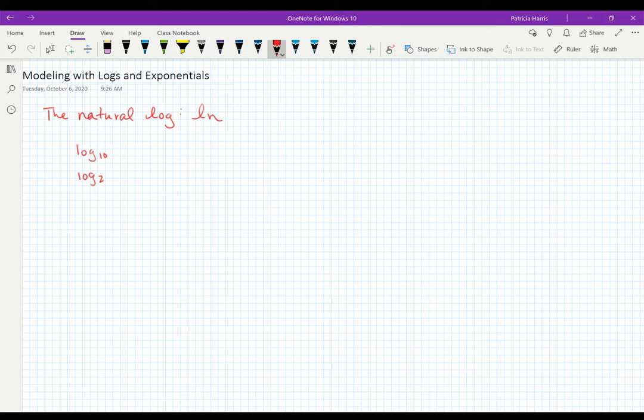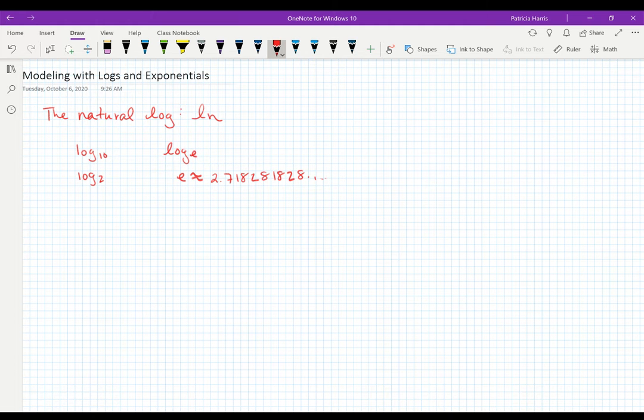Well, the natural log is just a log with a certain type of base, and that is base e. e is a naturally occurring number, which is approximately 2.718281828, and it goes on and on forever, just like pi. So instead of saying log base e, we just say natural log.